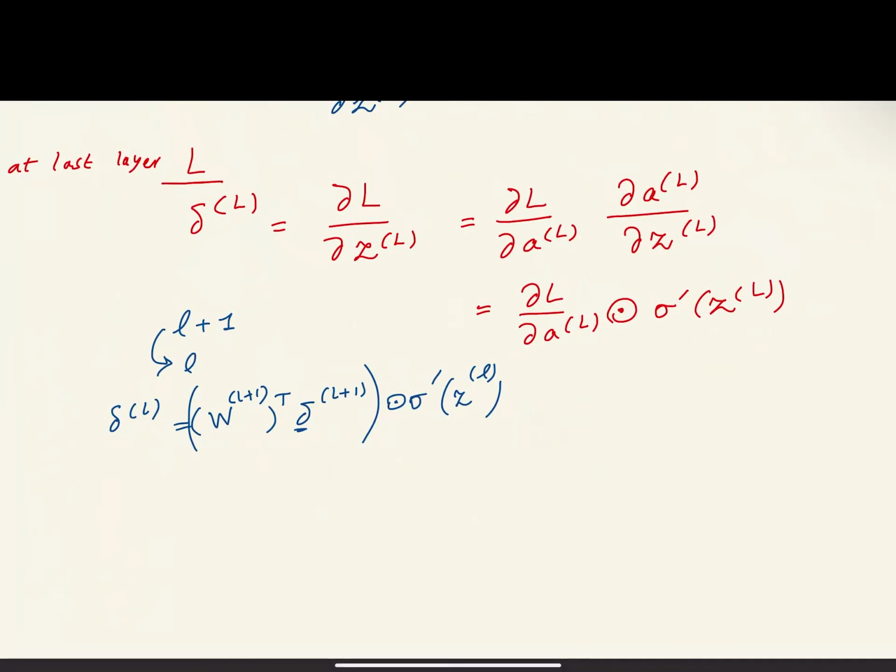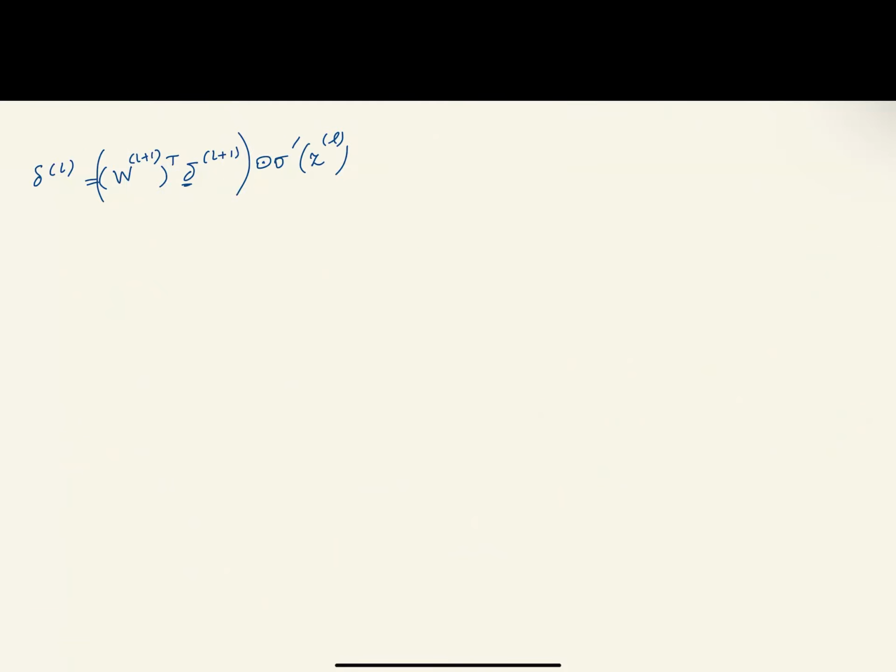Okay, so now we have the blame signal for each layer. The gradient for the weights of any layer L can be found directly using this layer's blame signal and the activation from the previous layer, A_{L-1}.